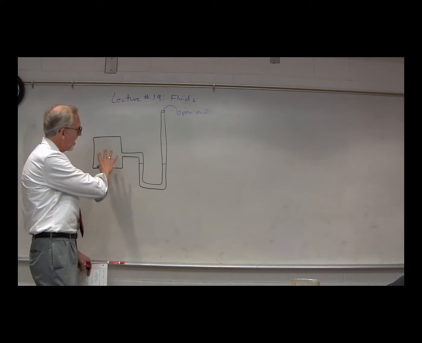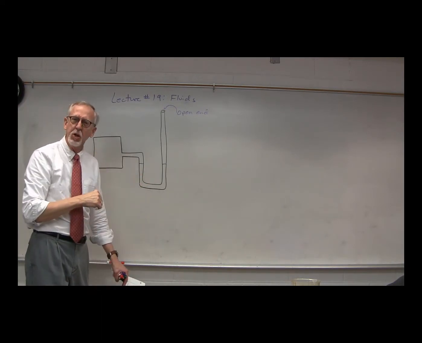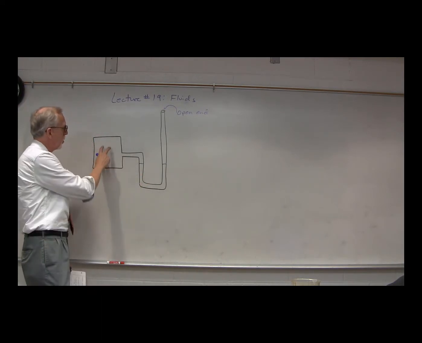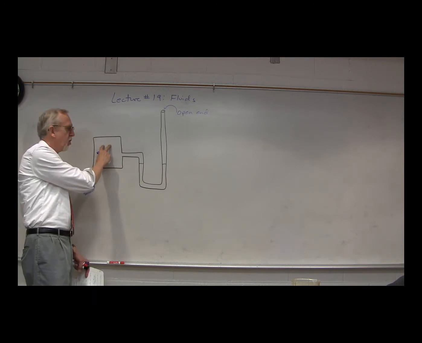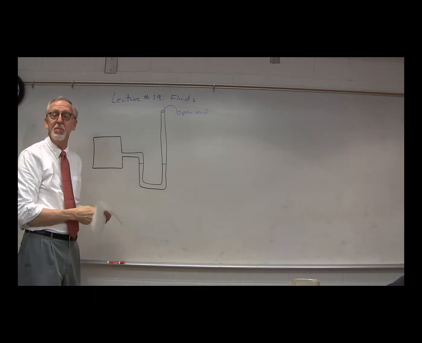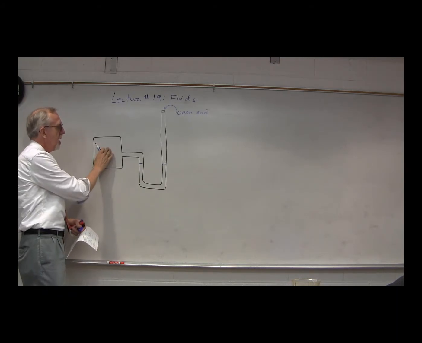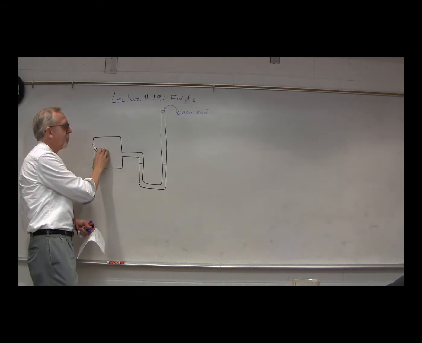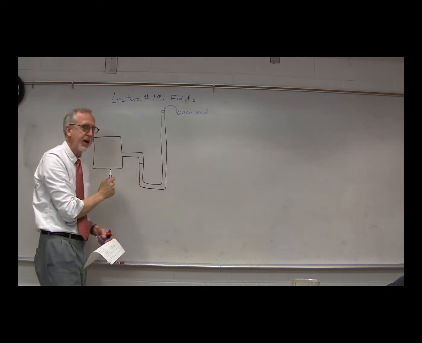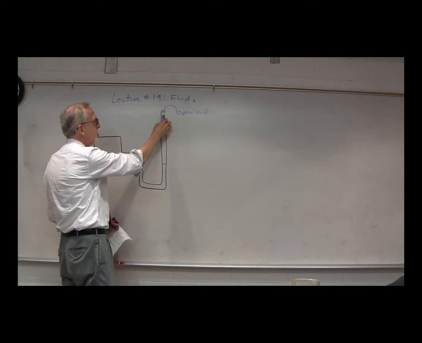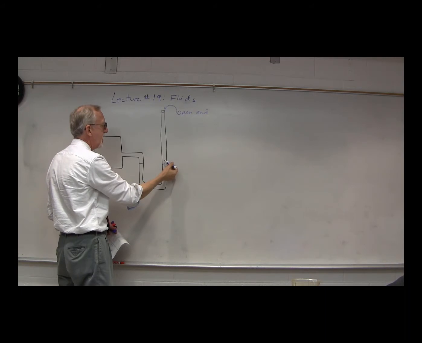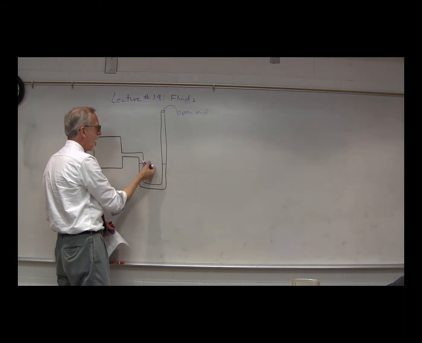Let's imagine we have this very peculiar looking sort of thing where we've got some fluid over here, or maybe a gas, at some pressure over here. But let's imagine for the moment that it's the same pressure as our atmospheric pressure outside. Now here we've got a tube with an open end, so we've got atmospheric pressure here.